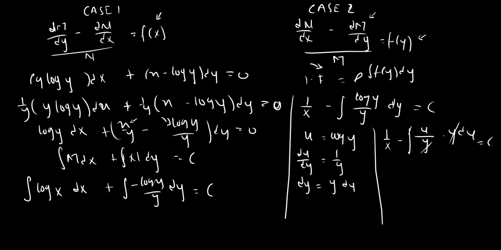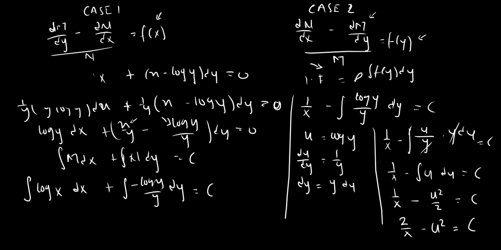So we cancel out y, so we have x log y minus the integral of u du is equal to c. So we have x log y minus the integral of u, which is going to give us u squared over 2, is equal to c. Then we'll multiply everything by 2. We're going to have 2x log y minus u squared is equal to 2c, which is basically the same thing as c. So we have c here. So now this value of u, we are going to replace it, right?